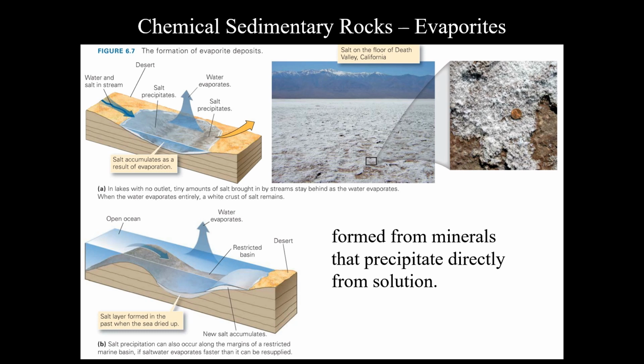As the glaciers melted, these lakes filled up, but they have no natural inputs right now, and they eventually evaporated as the climate became warmer from the time of the last ice age, but they left behind all of that material that was dissolved within them. And so you see these white hues sometimes that are the salts that are precipitated out of solution. So that's our most common type of chemical sedimentary rocks, which we call evaporites.